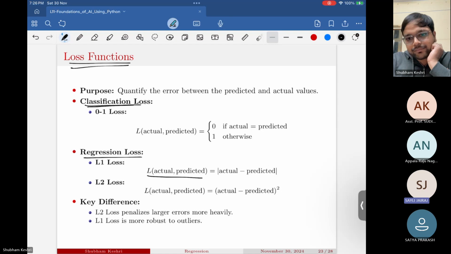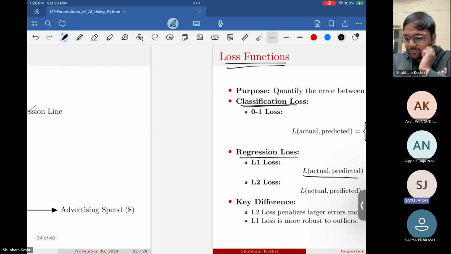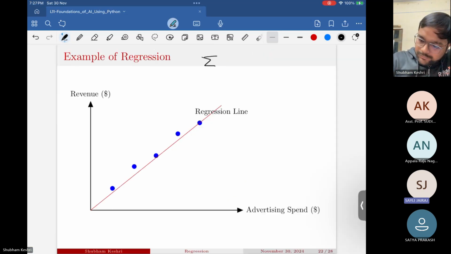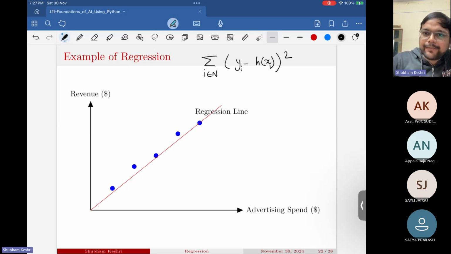Ideally, it should be zero. I think the summation cannot be equal to zero; the individual error values should each be equal to zero. If individually everything is zero, the sum will be zero, right?